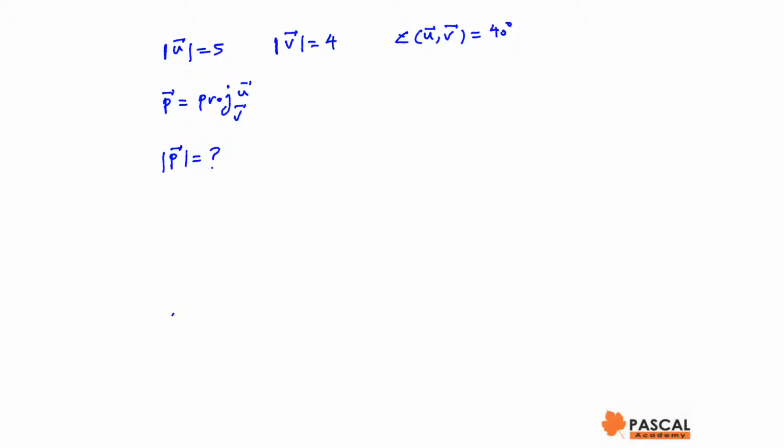U is a vector with magnitude of 5, V is a vector with the magnitude of 4, and the angle between them is 40 degrees.